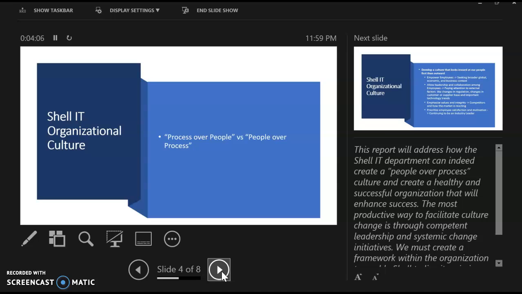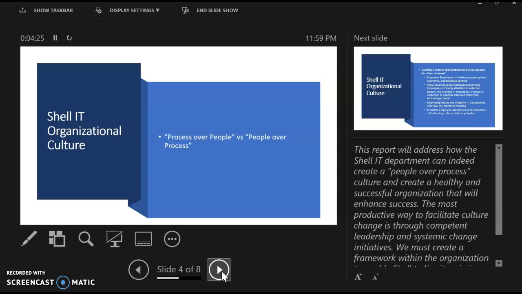This is one of the things that could be addressed at Shell. The report addresses how Shell IT can indeed create a people over process culture and create a healthy and successful organization that will enhance success.